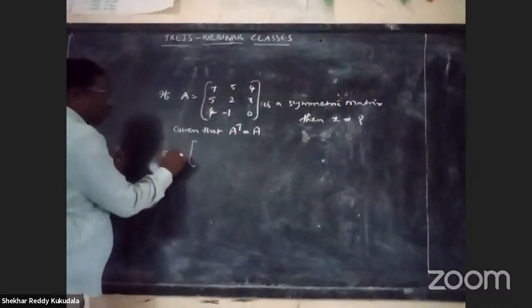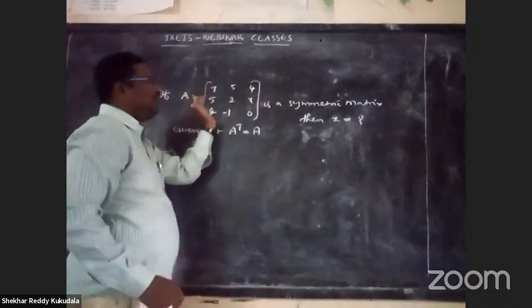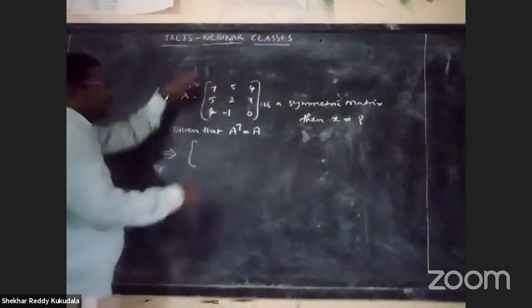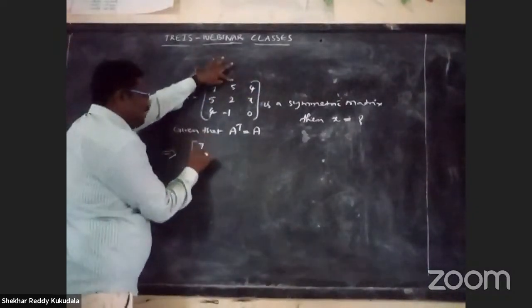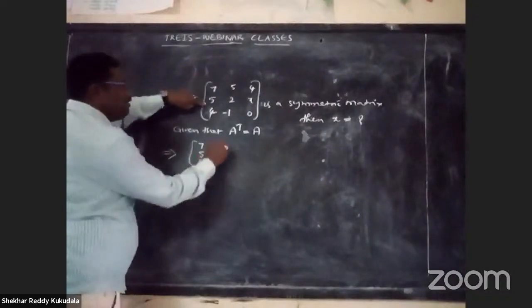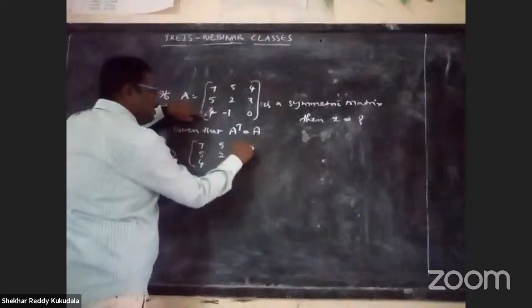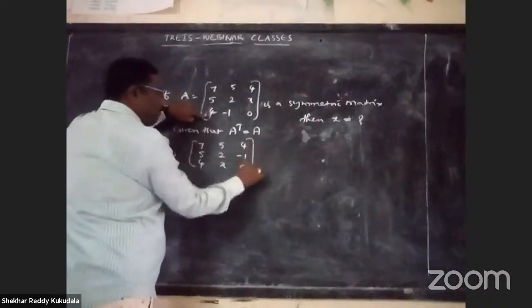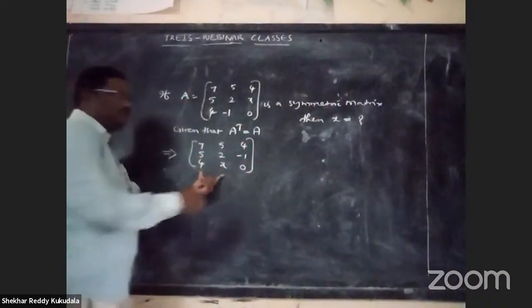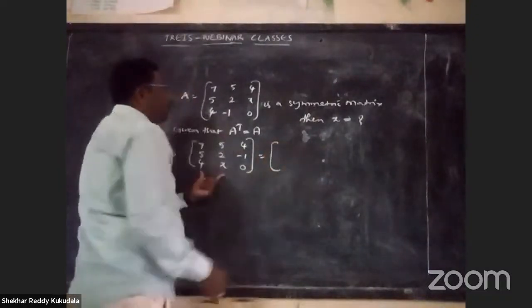In the transpose, the rows and columns are interchanged. The first row is written as the first column, the second row as the second column, the third row as the third column. This A transpose must be equated to A.